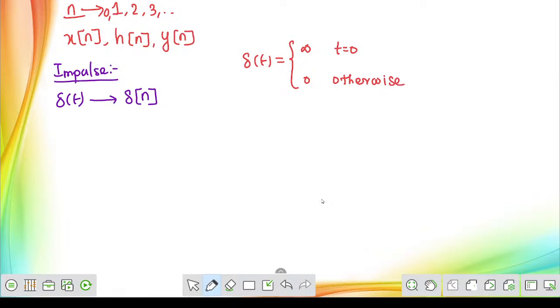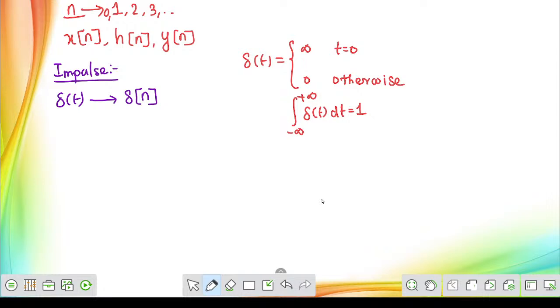Here, I have given some of the properties. Another most important property of the impulse function in time domain is that the integral from minus infinity to plus infinity of del of t dt equals 1. Of course, you will have to keep these things in your mind because they are very, very important.